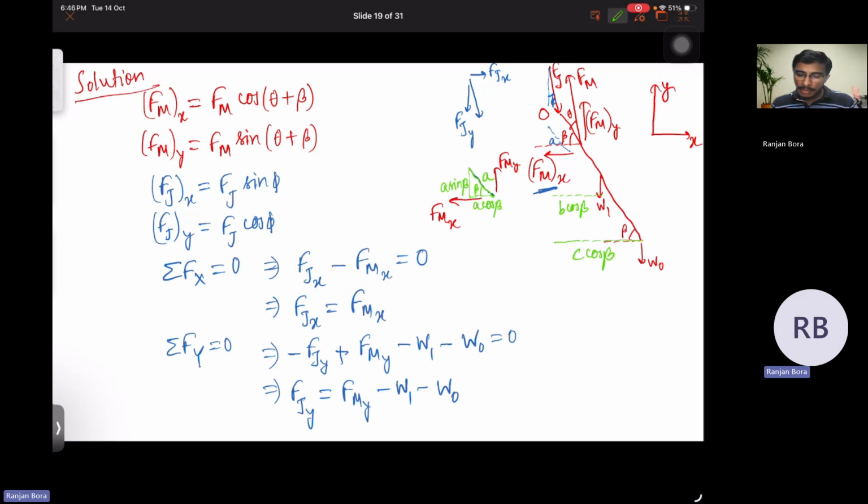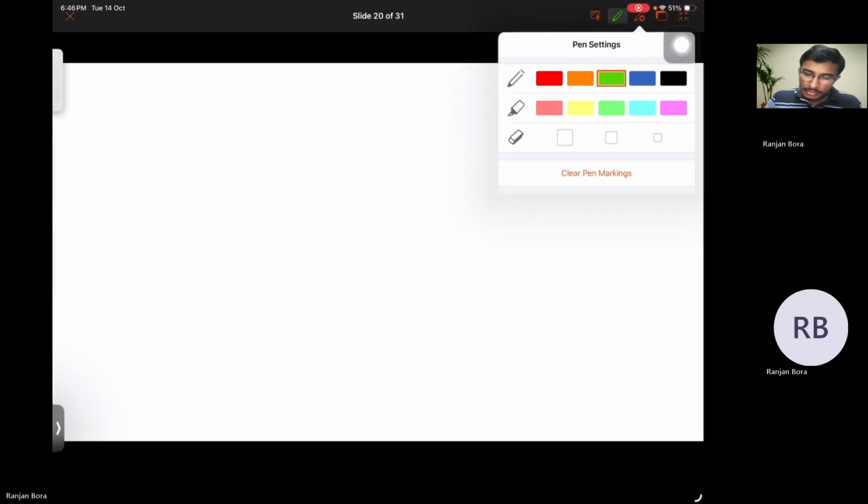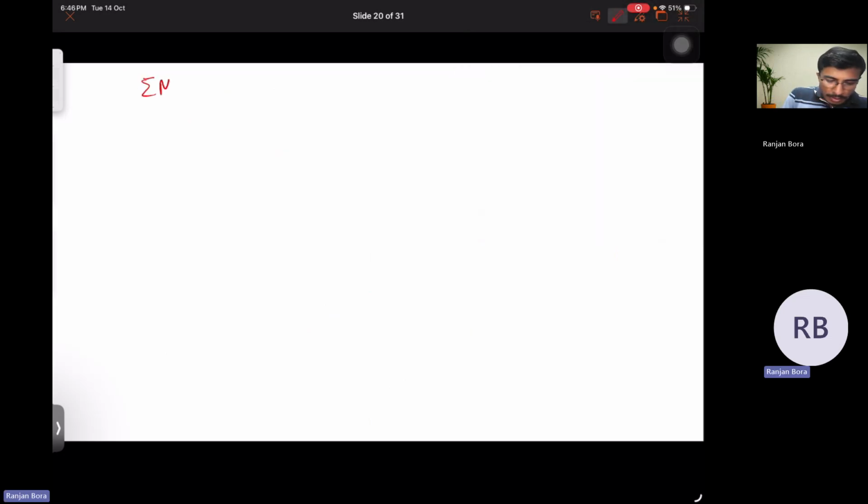So now we know all the moments for all the forces. We'll take moment equilibrium about point O, summation MO equal to 0, and we'll take clockwise as positive.